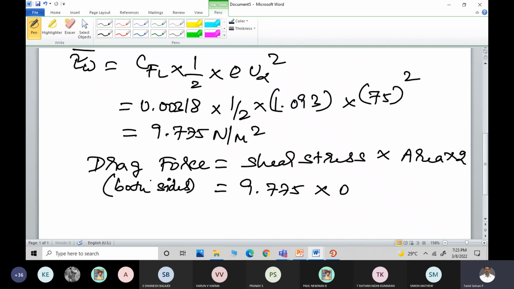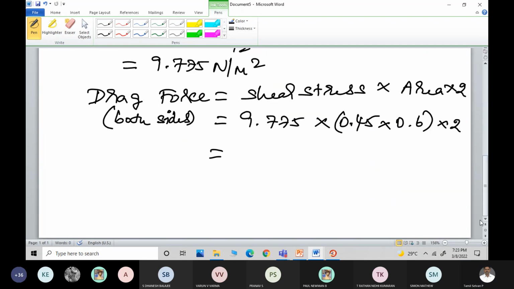Students, some of you will be making a mistake here. So please understand, if both sides is asked, you have to multiply the area into 2. So how much is the drag force? Please do it faster. And after this, we have to find out. 5.2785.